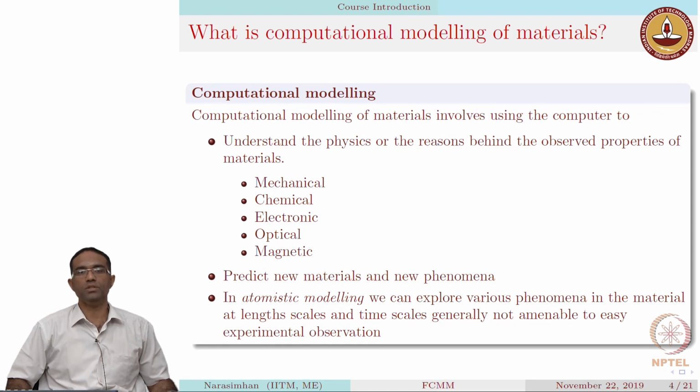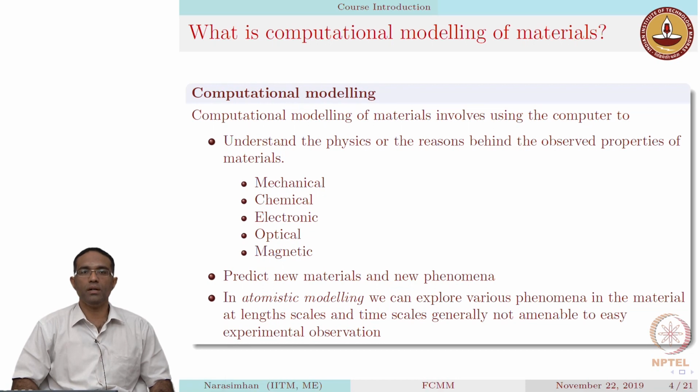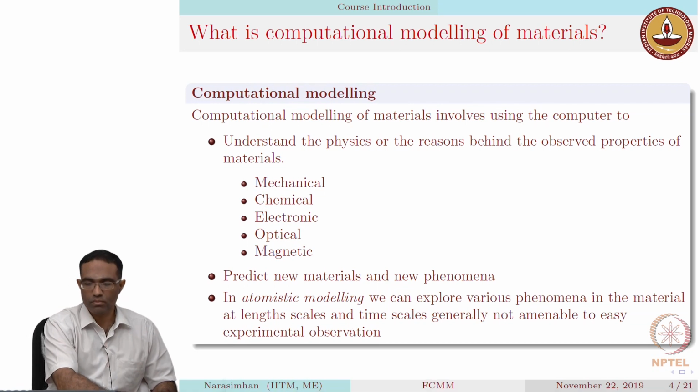Under such conditions, we can simulate these processes on the computer, and this helps us gain a deeper understanding, at least qualitatively if not quantitatively, of what could be happening in these materials.